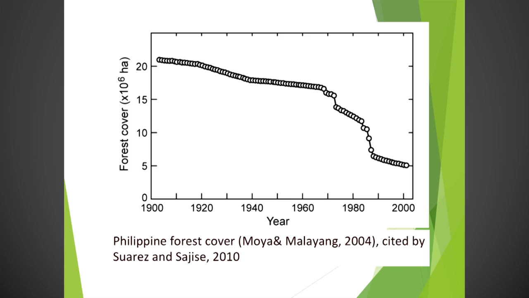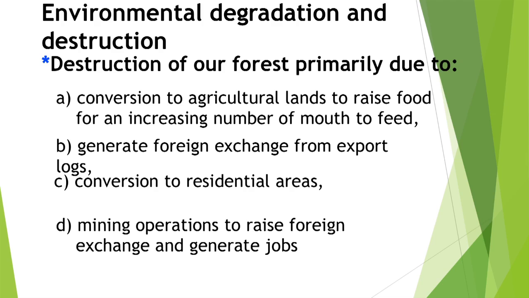And why? Because the destruction was primarily due to conversion of the forest cover to agricultural lands because there is a need to raise more food for an increasing number of mouths to feed. At the same time, our logs were exported to generate foreign exchange.